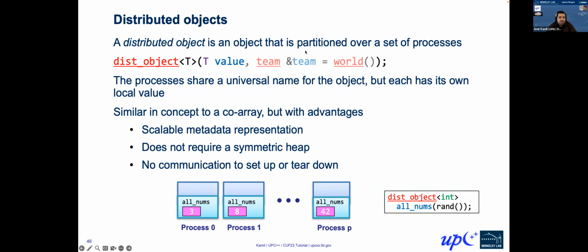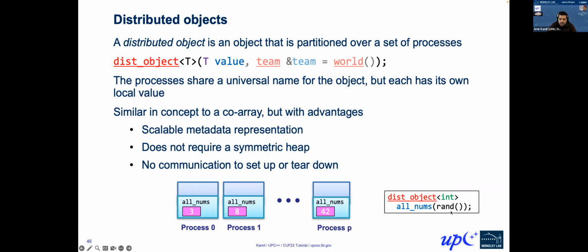And in fact, in UPC++, this doesn't necessarily need to be over all the processes. It can actually be over a subset of the processes, which we refer to as a team. So in this example, I have a distributed object. The value that each process is going to have is an integer, and so it's parameterized by int.